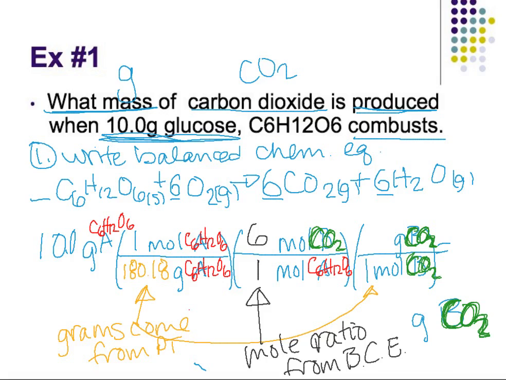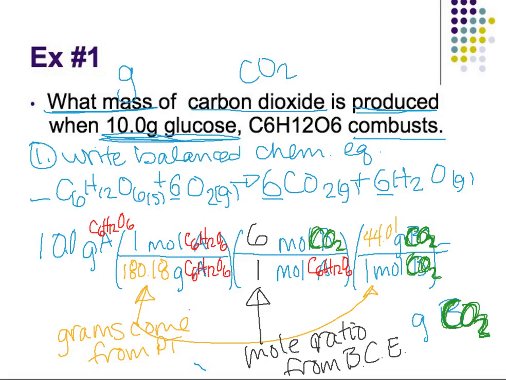So there's my mole ratios done. Last, I need my mass of CO2. So carbon is still 12.01. And oxygen is 16, and there's 2 of them. That gives me a mass of 44.01. 44.01 grams.